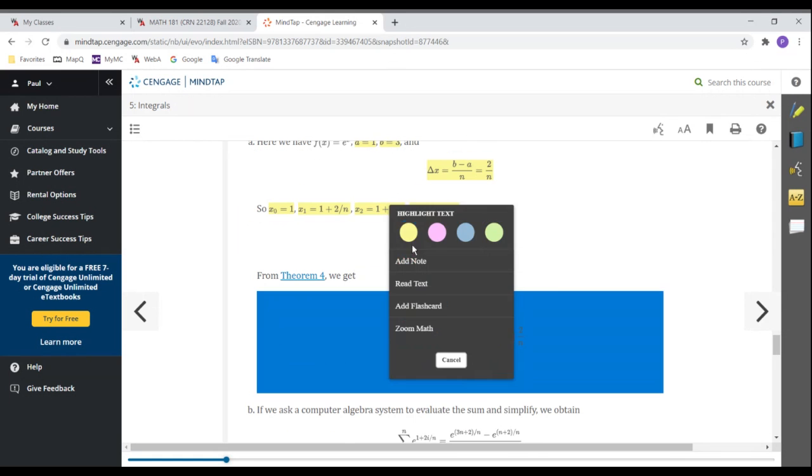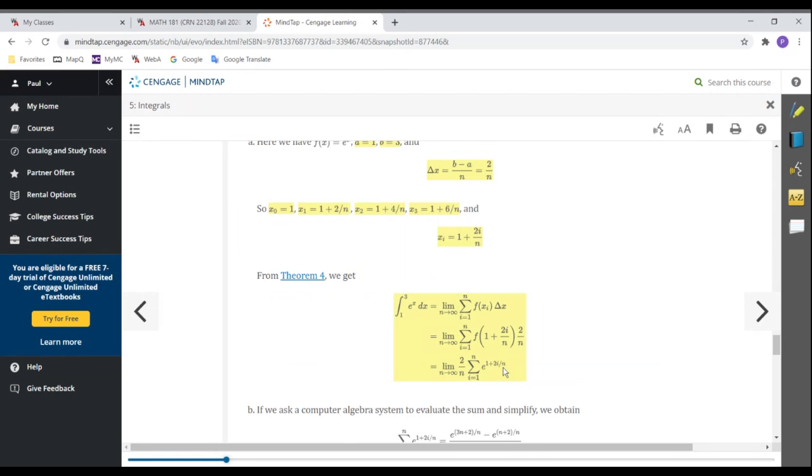You see in the bottom, the yellow that I've highlighted, you have e to the power 1 plus 2i over n. And then the 2 over n in the summation, they brought out in front of the summation. Hopefully that is helpful.